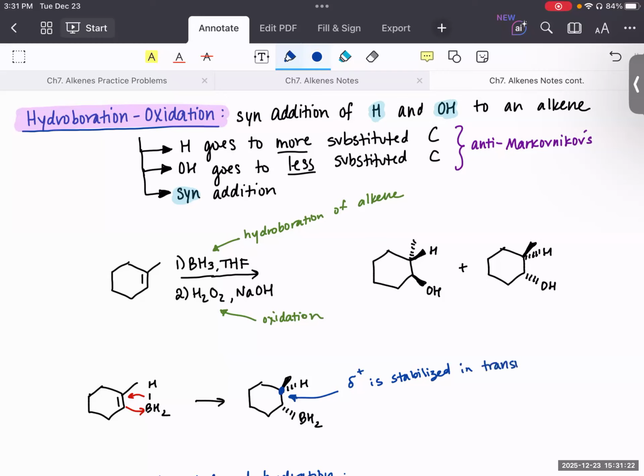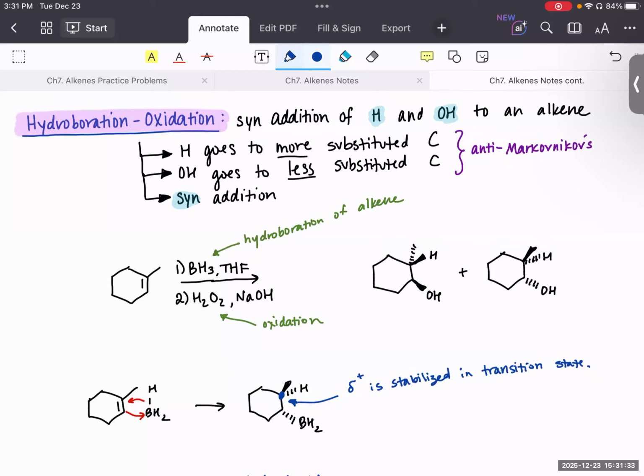And so that is why you get that selectivity for that anti-Markovnikov's addition. Okay. And then when you do that oxidation step, the stereochemistry is retained. So that's why the BH2, when you get that OH on there, it also stays dashed or wedged, depending on which one it started off with.